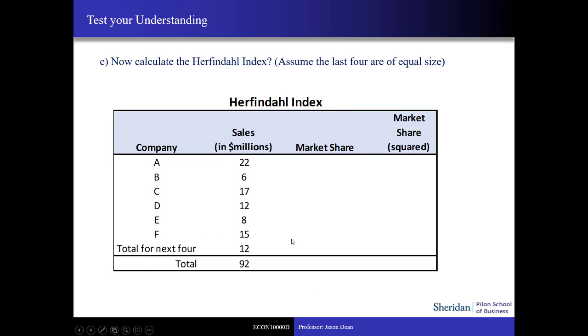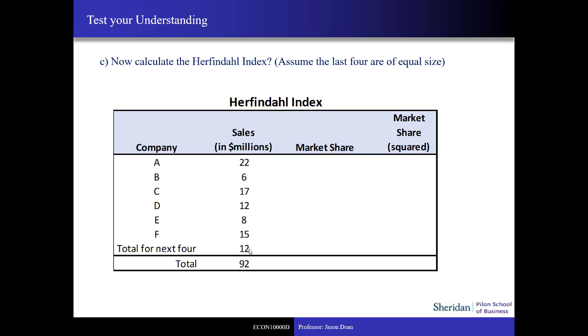Now, how would you go about calculating the Herfindahl index? Maybe hit pause, try to calculate it yourself, and I'll show you the answer in a sec. What we're going to do is square each of these market shares. So we take 0.22 squared, add 0.6 squared, etc. But for these last four, we assume they're of equal size.